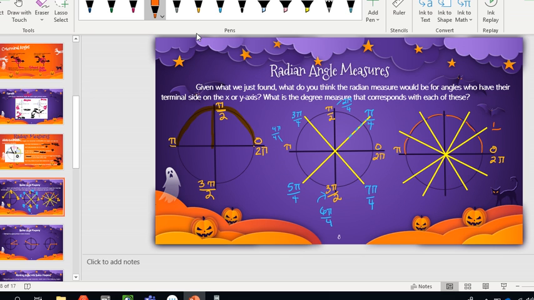So you should be able to figure out without too much work that this is 1/6 pi, or pi over 6. This one would be 2 pi over 6, but 2 pi over 6 reduces to pi over 3. Well, the next one would be 3 pi over 6, but wait a minute, 3 pi over 6 would reduce to pi over 2. That did not change.